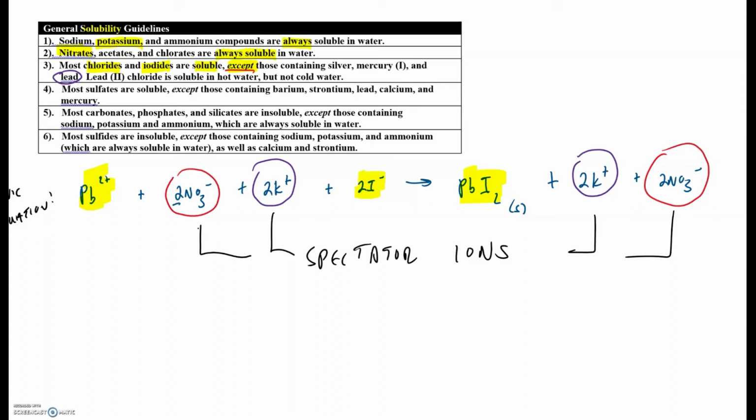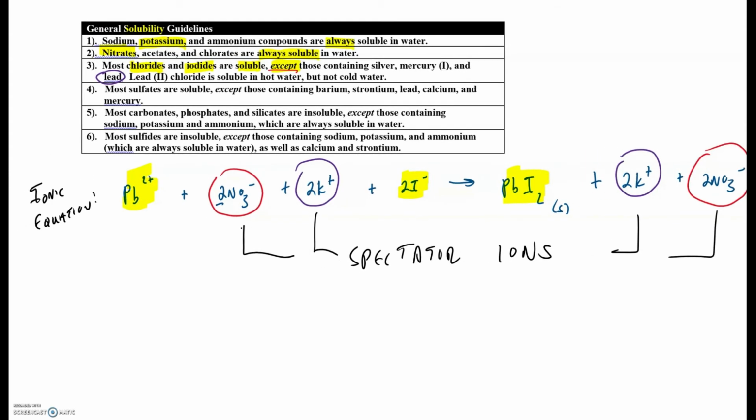They're not involved in the reaction, which means we can eliminate them from the final reaction, what we're going to call the net ionic equation, in which we don't include spectator ions.